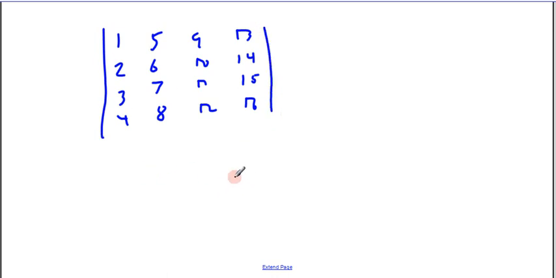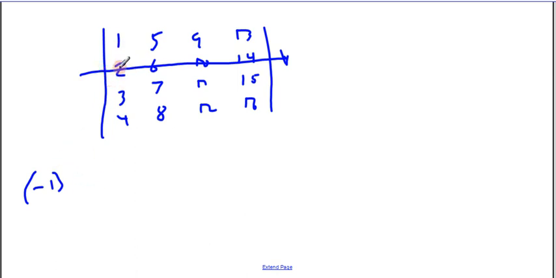So what I'm going to do is pick a row or a column. I'm going to pick this row, right there, and I'm going to say this entry is going to be minus 1 raised to the row and column of that 2.